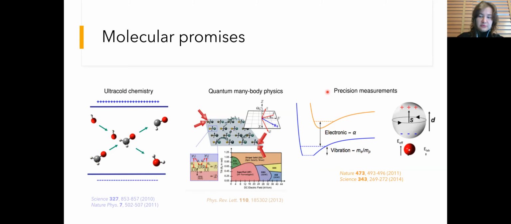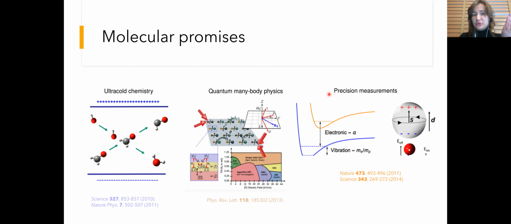They can be used, for example, in a daring quest of determining the value of the electron electric dipole moment, which can then be used to cancel some hopes regarding alternatives to standard model theories, because they have some limits for this electric dipole moment, and so far we are finding the possible maximum value and pushing. So yes, these are the promises and what we can gain out of molecular properties.